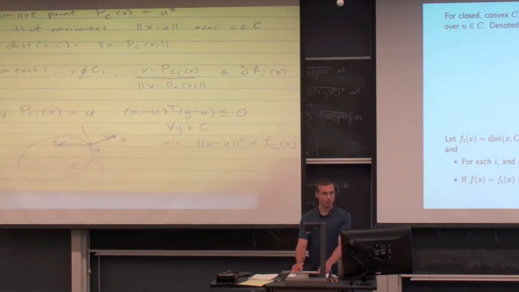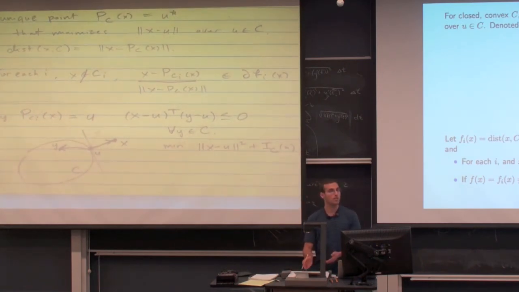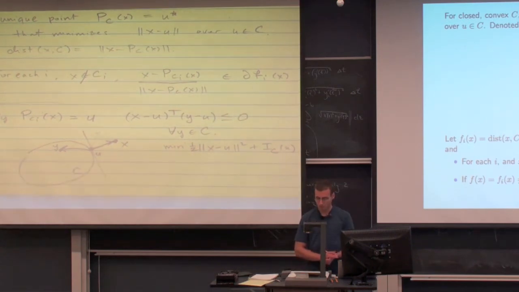We want to figure out which point minimizes this function. We can take a subgradient of this function and set it equal to 0, and that'll give us an optimality condition for what this projected point should satisfy, and then we're going to get this right out of it. So let's do that. We can put a half here, it doesn't matter, to make the gradient easier.